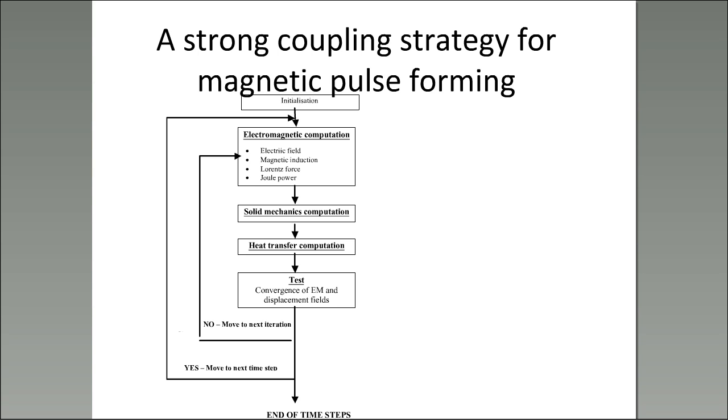Once we have converged, which can be done for instance through a fixed point approach, we move to the next time step. Of course, the stronger the coupling strategy, the more it will cost in terms of CPU time at each time step. However, you are sure to be more accurate and not start adding errors at each time step, which can lead in the end to a quite inaccurate result.